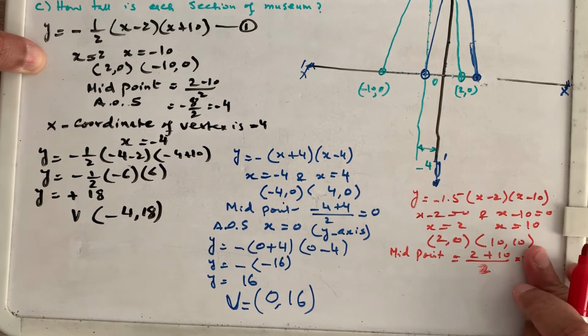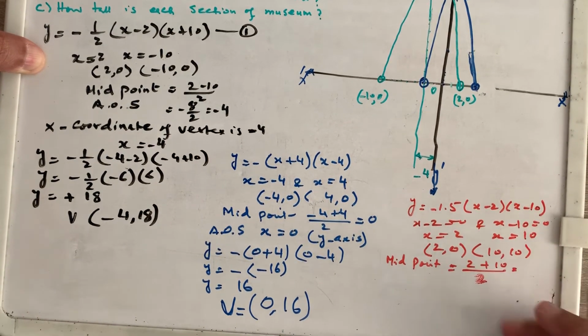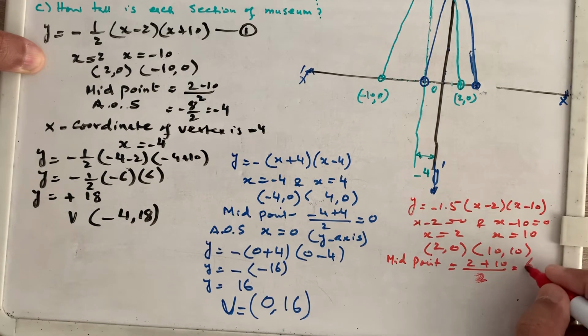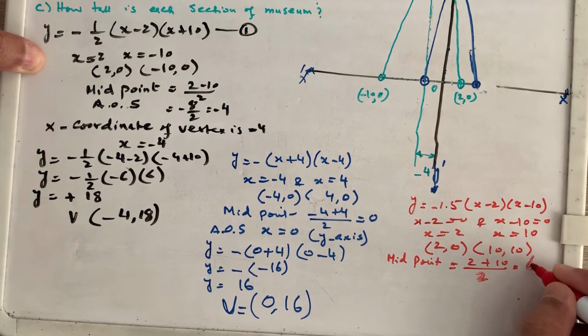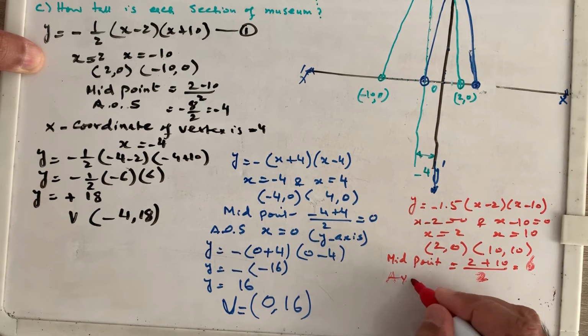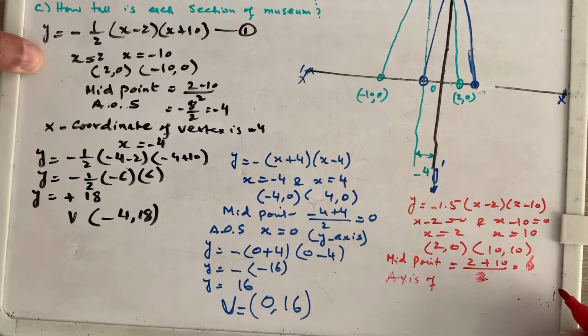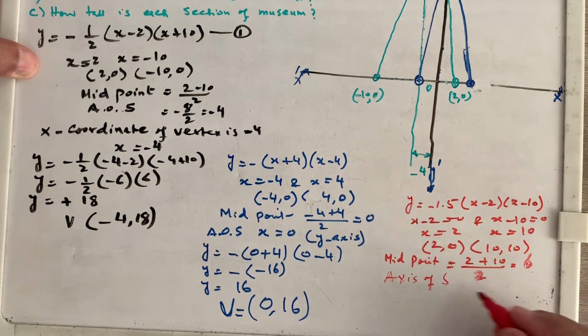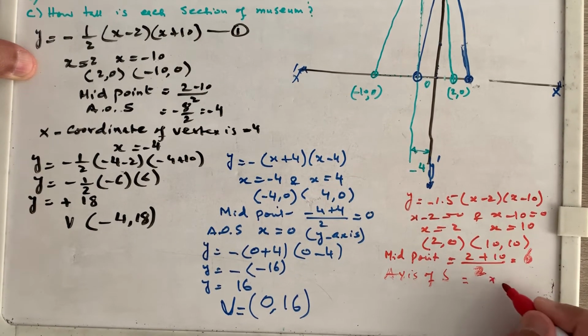This midpoint is my axis of symmetry. So my AOS, axis of symmetry, is x equals 6.